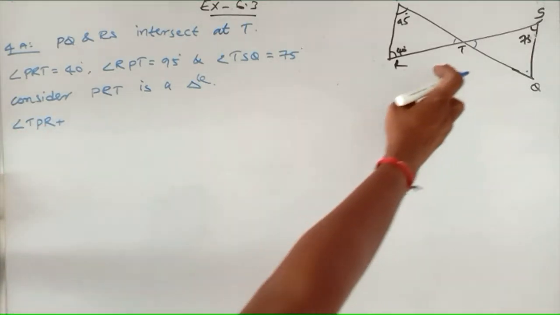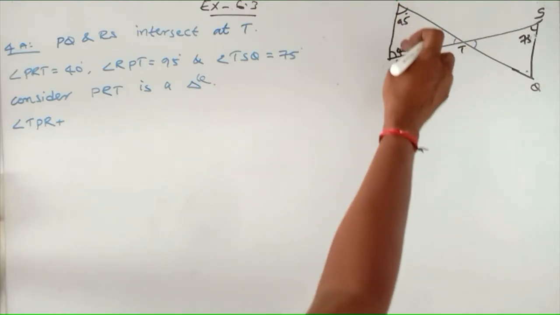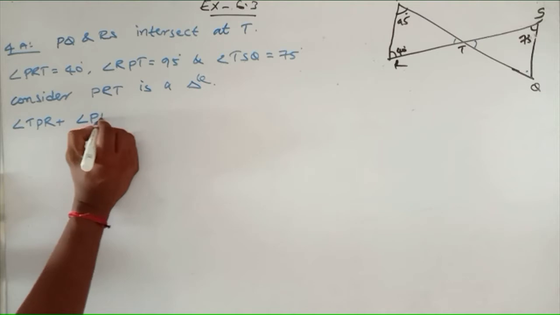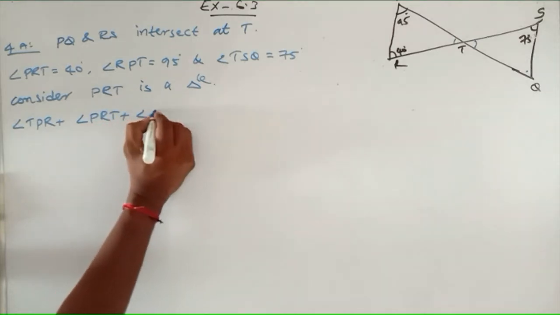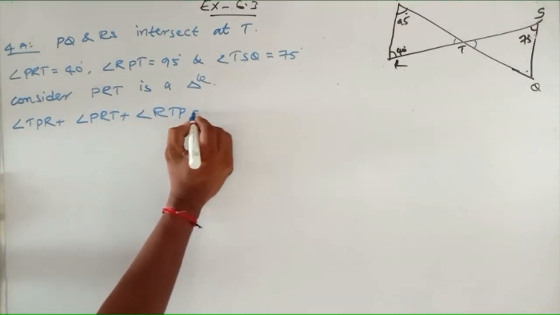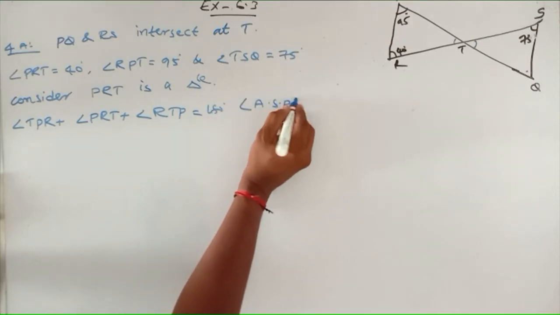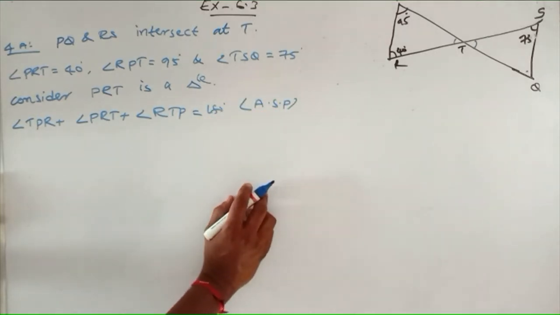Angle TPR plus angle PRT plus angle RTP is equal to 180 by using angle sum property. Sum of all the three angles in a triangle is 180.